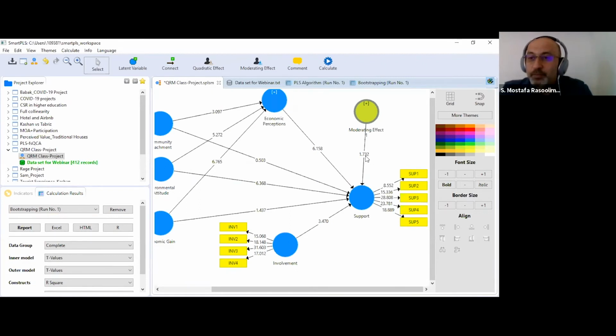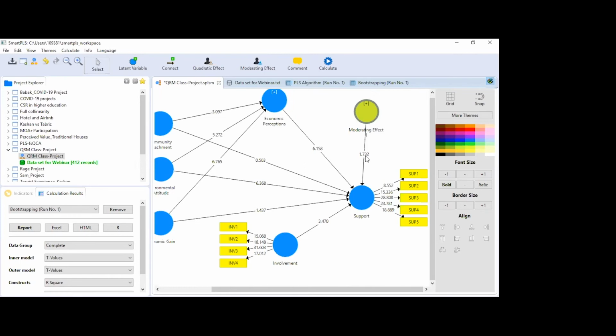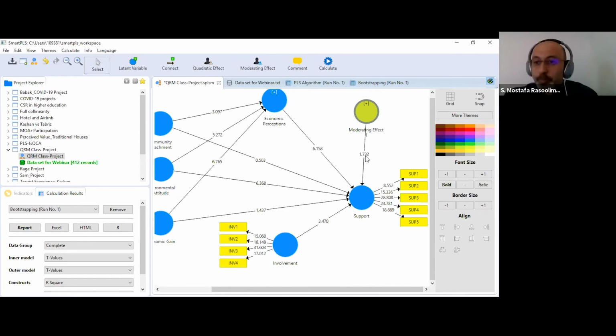Based on the t-value, can anyone answer? Yes. Yes or no? Yes. Why? What's the threshold for the t-value?